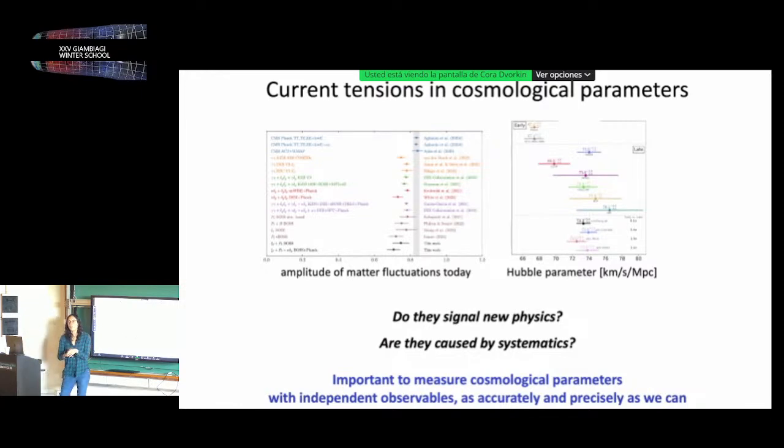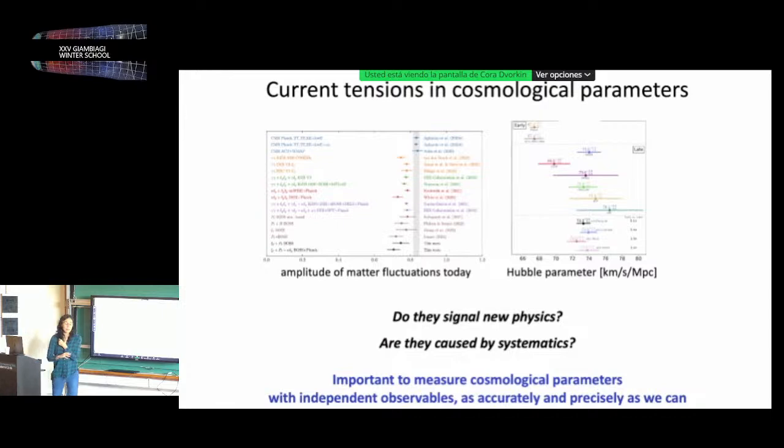So this is not to claim that there are no models that solve these tensions, but to say from the observational point of view that it is important to measure these parameters with independent observables that have independent systematics, and also to do it as accurately and precisely as we can.